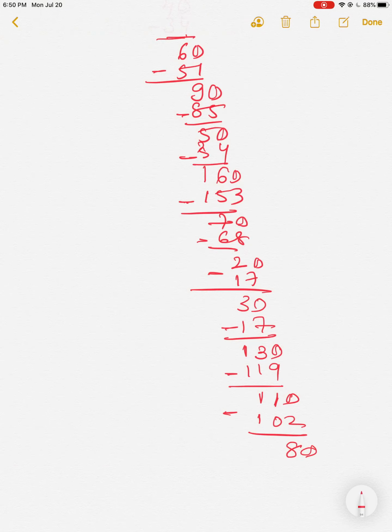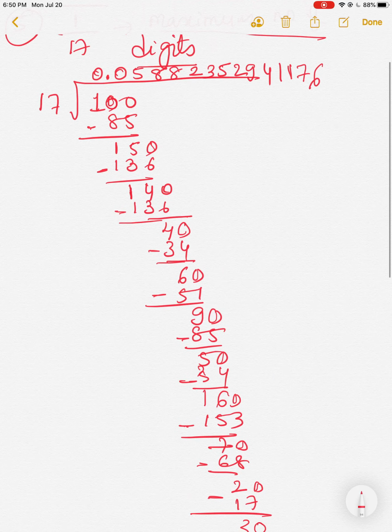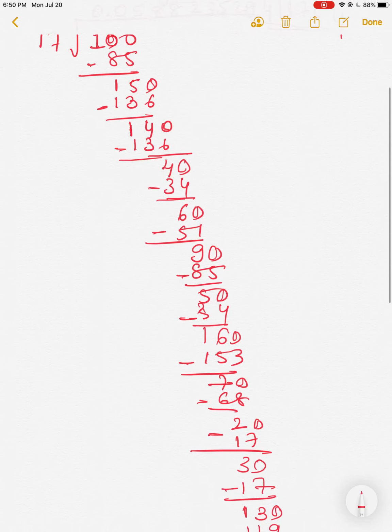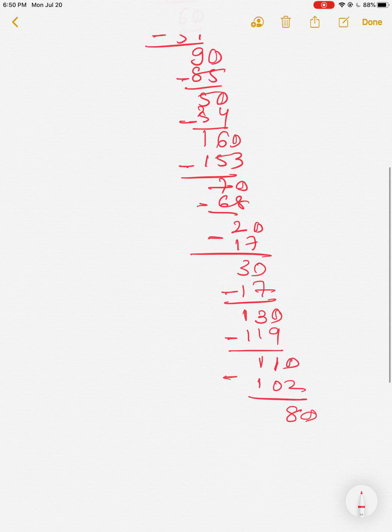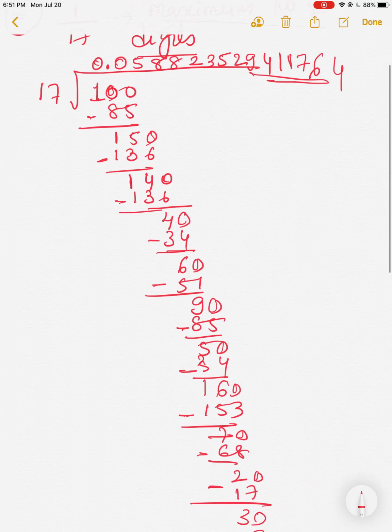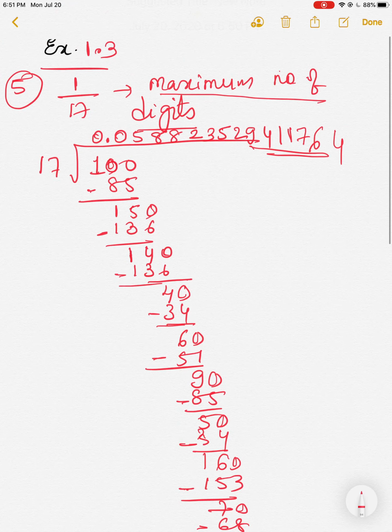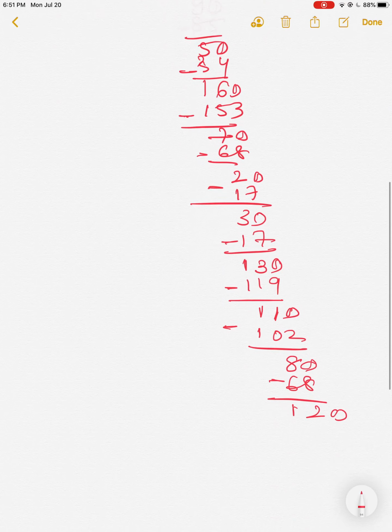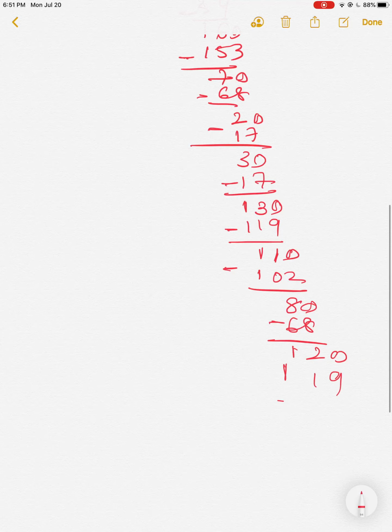So now 17 4s are again here. Okay, 17 4s are 68. 68 minus, if we subtract, you will be getting 12. Okay, then 17 7s are 119.